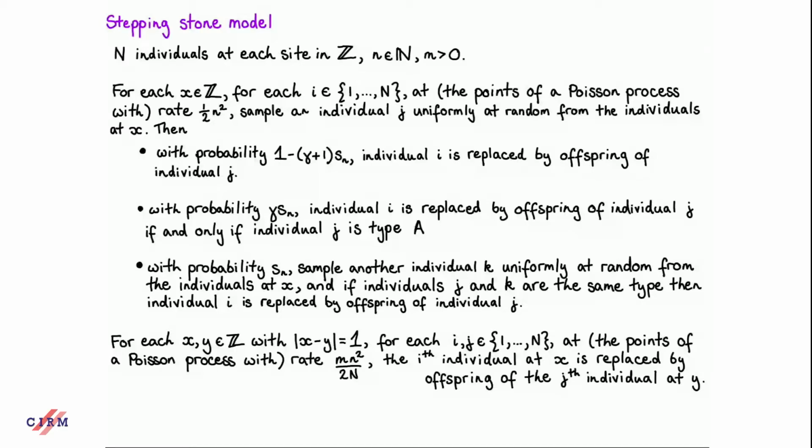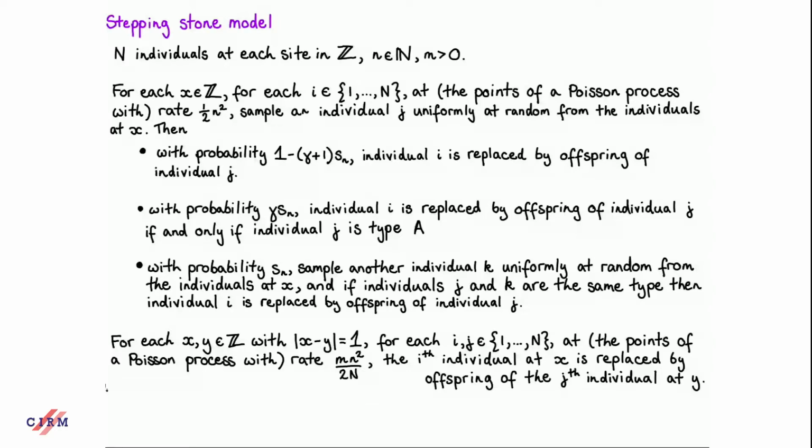And the reason that we have this extra 1 over capital N compared to this rate here is that we have capital N choices of j for each i here. So this is the model that we're going to work with from now on.